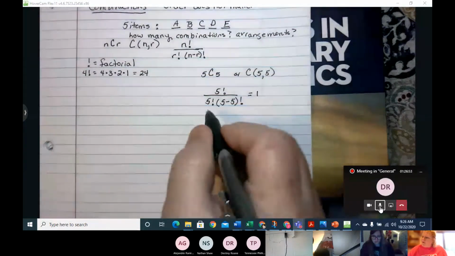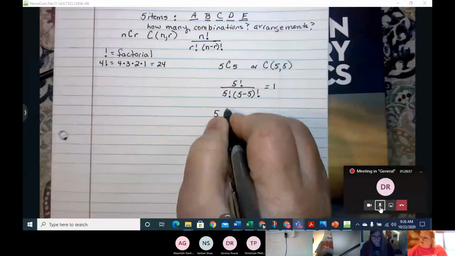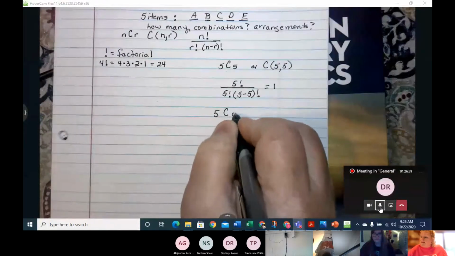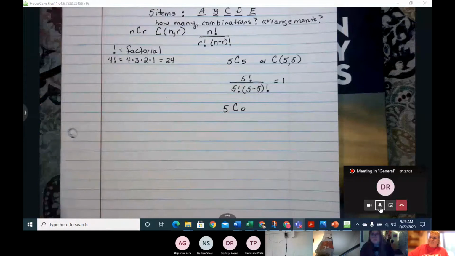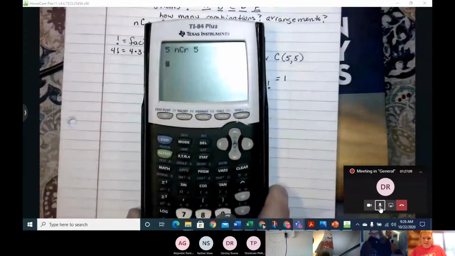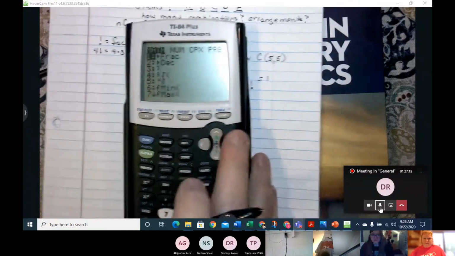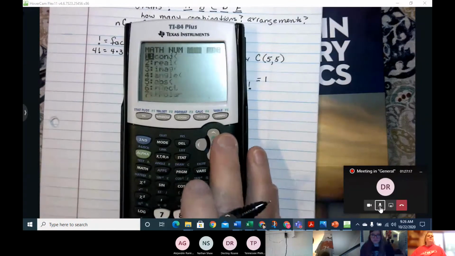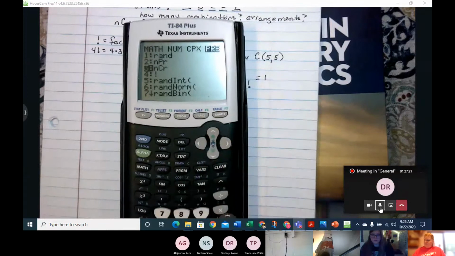Now, if we wrote this problem, 5 items selected anyway, then we would put in 5. Again, go over to the probability, down to choice 3.